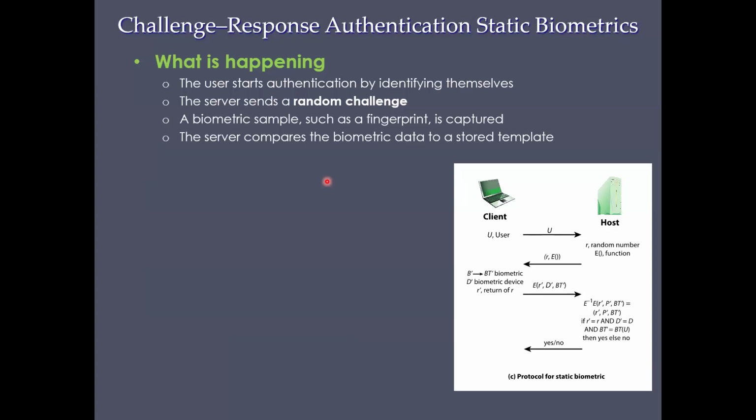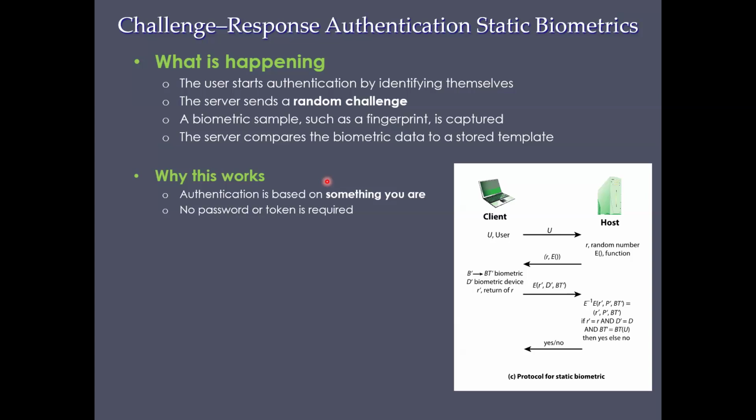And the last one that we have is static biometrics. We have static biometrics and dynamic ones. Okay, so the same thing happens. The user is always going to do an authentication process by identifying himself. The server will send a random challenge, and a sample is going to be captured. We know that with biometrics, the server compares the biometric data to the stored template. So authentication is very robust here, because it's based on something that you are.